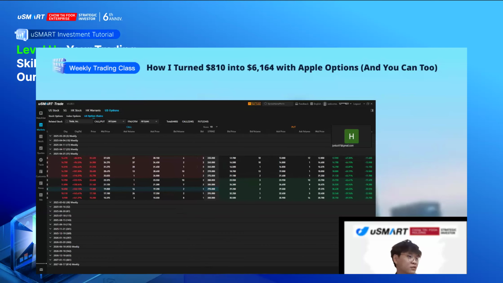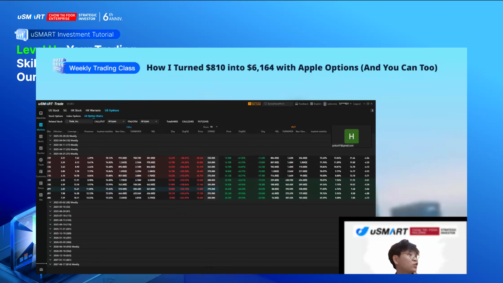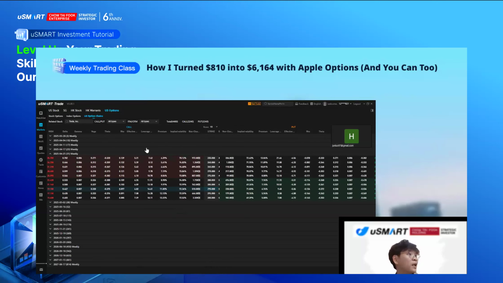First thing first, this is what you need to check on. There's a leverage here, 14.61. But this one is actually not the real leverage effect that you need to pay attention to. Why?